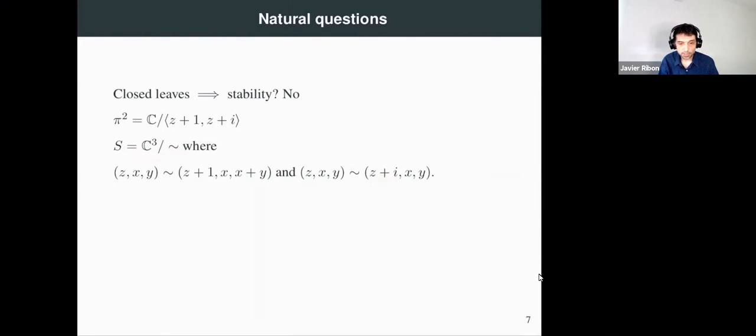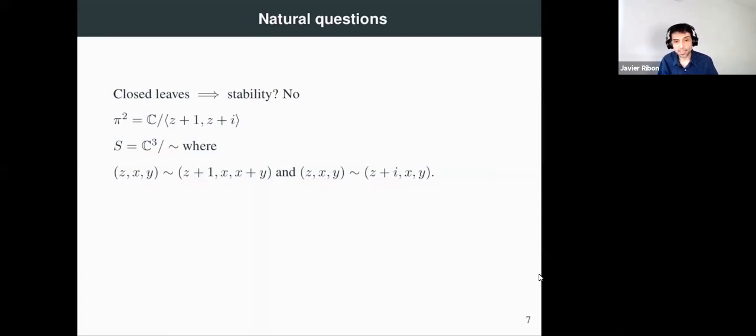But we are going to extend the identification by identifying (c,x,y), where c is in C, x is also in C, and y is also in C, with (c+1,x,x+y). And here we are going to make a simpler identification. We identify (c,x,y) with (c+i,x,y). In this way, this quotient over here is going to be a rank 2 vector bundle over the torus.